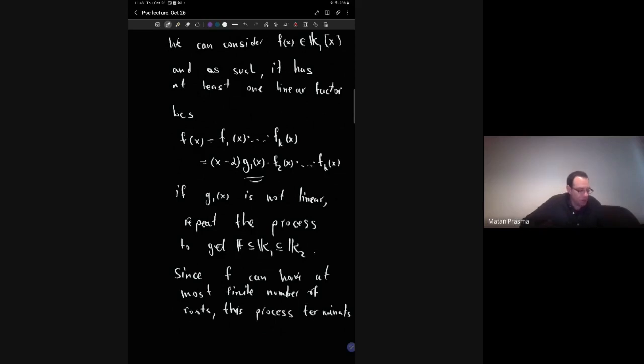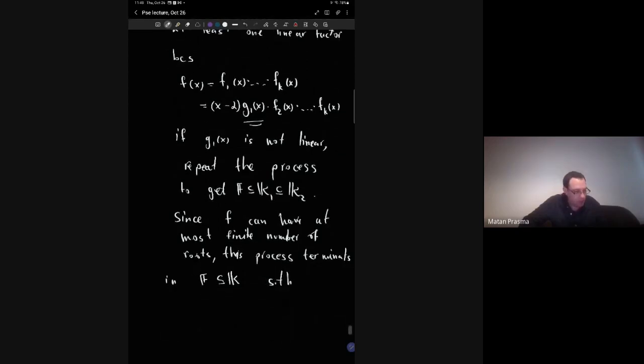So it terminates in some field K containing F, such that indeed f decomposes into linear factors. So I can write really a times (x minus alpha 1) up to (x minus alpha n), where the alphas are elements in K.